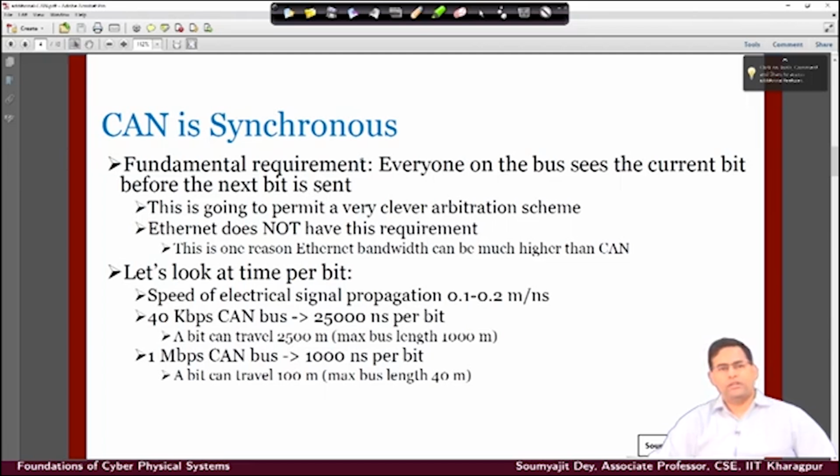We will see that. One important point to note here is such things are not there in Ethernet. Let me just explain. Suppose there are multiple nodes trying to send their individual messages exactly at the same time. Of course, in Ethernet that is pretty much allowed. The only thing that will happen is a packet collision.